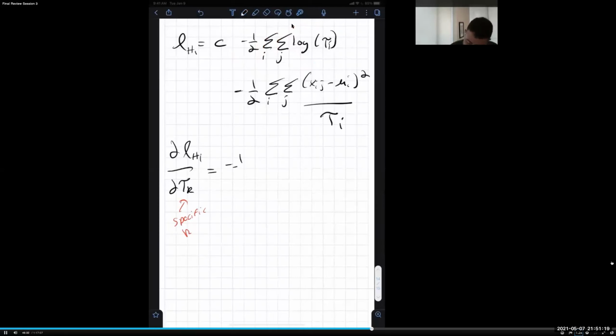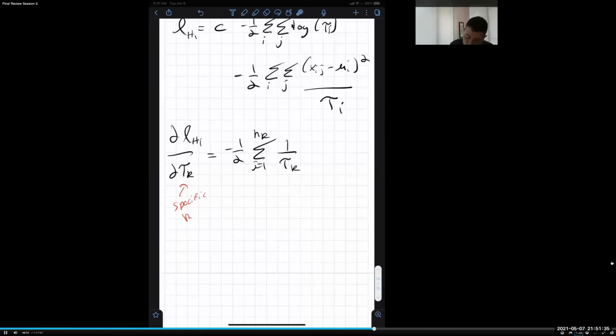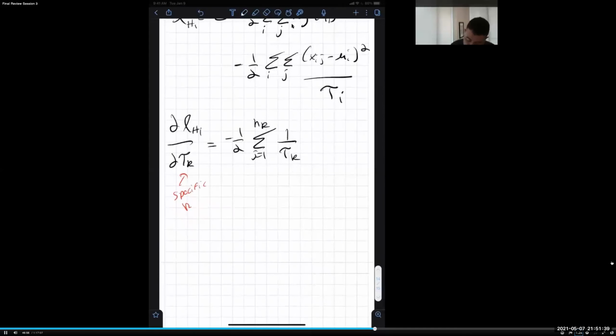So this would be negative 1/2, the sum from j equals 1 to nk of 1 over tau k. And in here, the same thing's going to happen. We're going to get rid again of one of the sums.